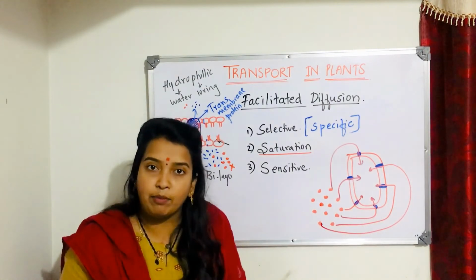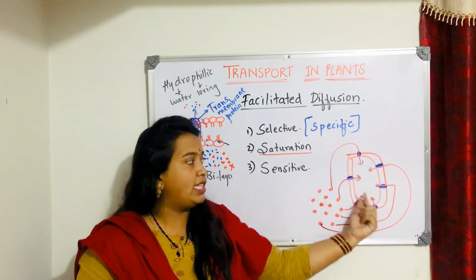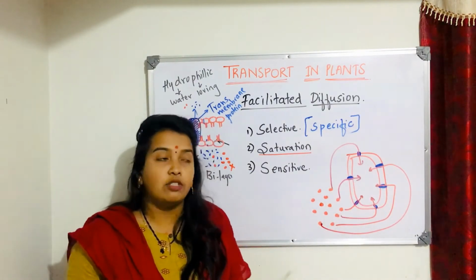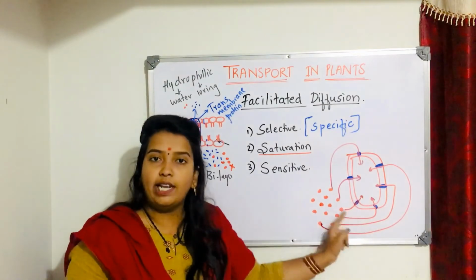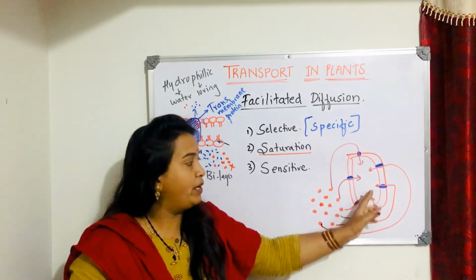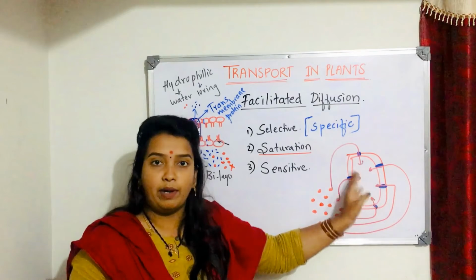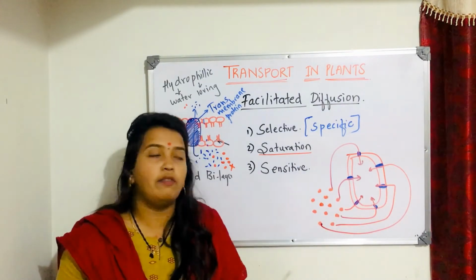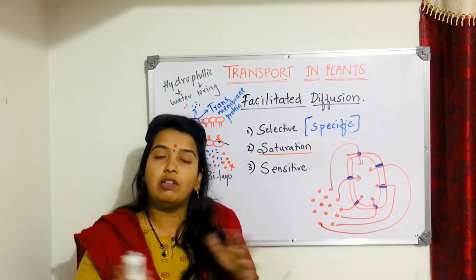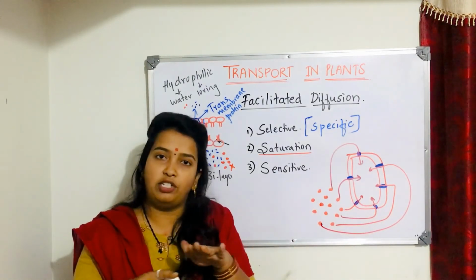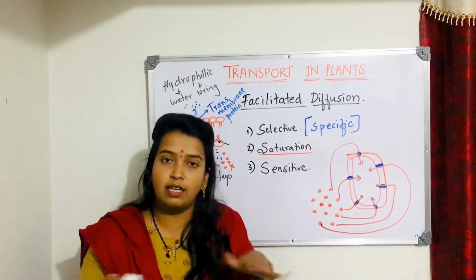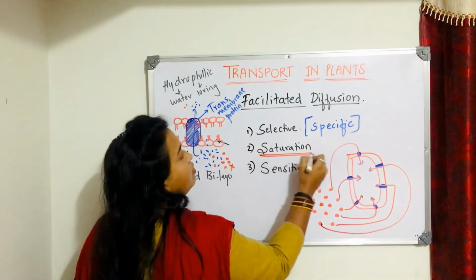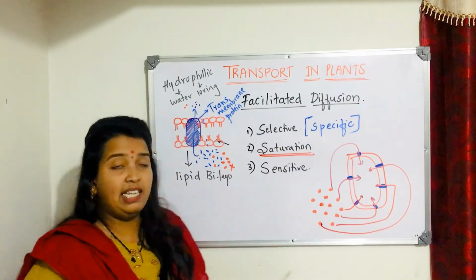So it will take time until all the 6 molecules enter inside, then only it will give time to the next molecules, right? So initially, when 1, 2 are entering, it goes fast, because this is open. Then later on, when all the channels are open, then the saturation level is met, meaning the saturation level will come. So we call it that facilitated diffusion easily gets saturated.